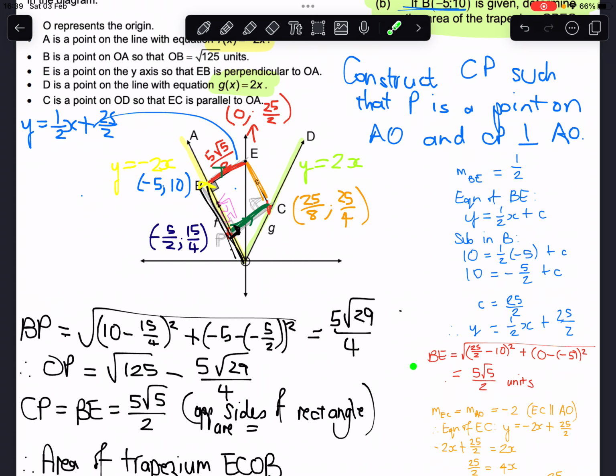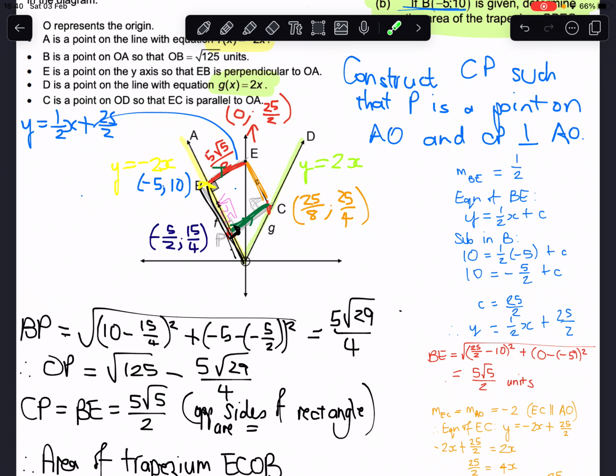Then we determined the length of BE. We did that by subbing in the relevant points: 25 over 2 minus 10, squared, plus 0 minus minus 5, squared. So that's 5 squared, which is 25. 25 over 2 minus 10 is 5 over 2.